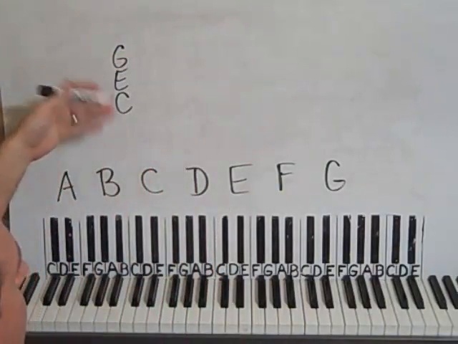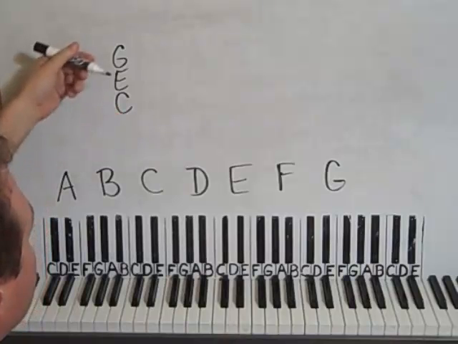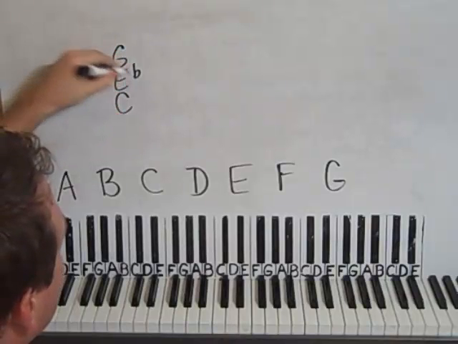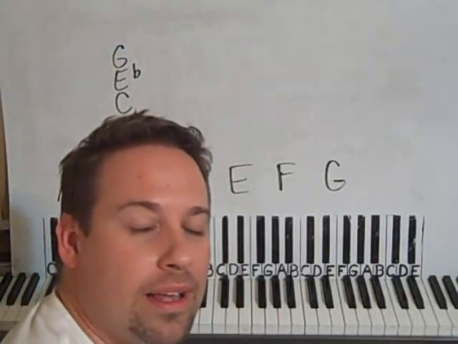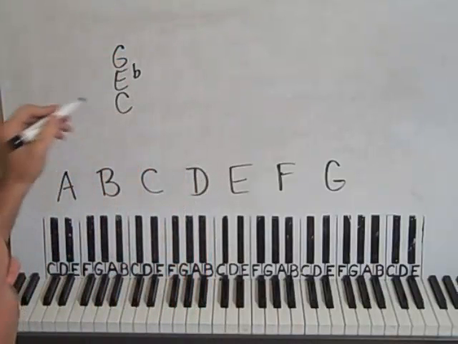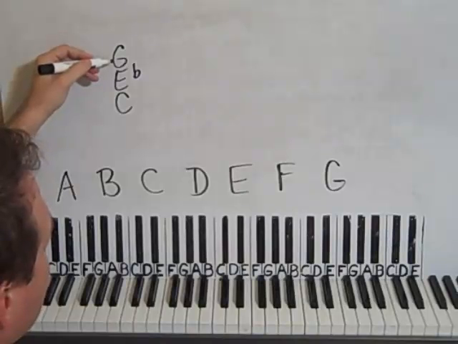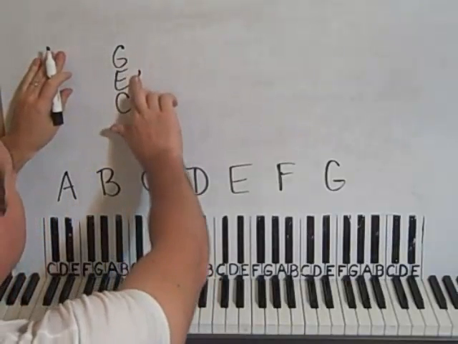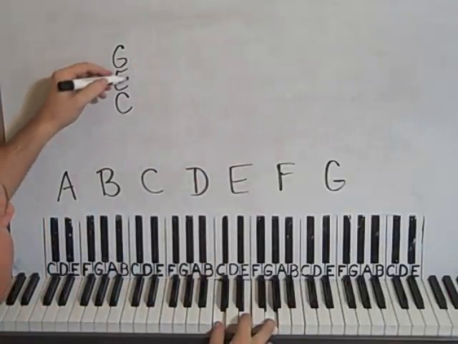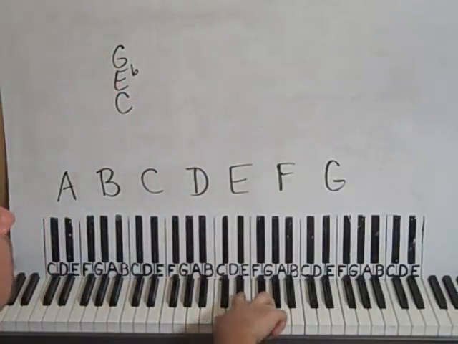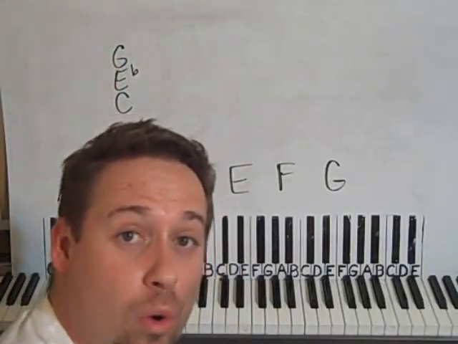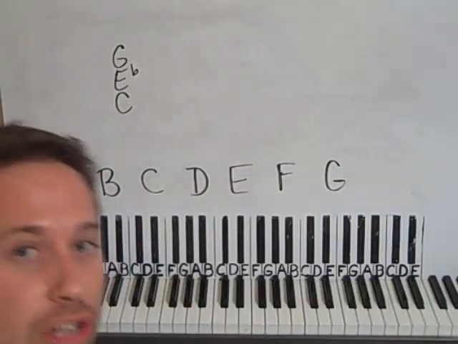In another video, we'll discuss what makes a chord major or minor. But if I flat the E, that is still a C chord. Yes, it's a C minor, but I know that the letters that are in it are going to be C, E, G. That's a C minor. Without the flat, it's a C major. And if I flat the E, yes, it makes it a minor, but it's still a C, E, G chord. The letters do not change.